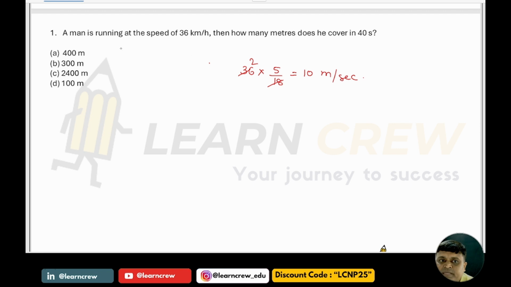So the speed is 10 meters per second. Then how many meters does he cover in 40 seconds? Distance is speed into time. Time is 40, speed is 10, 10 into 40 is 400. So 400 meters is the answer. So option 1 is correct.